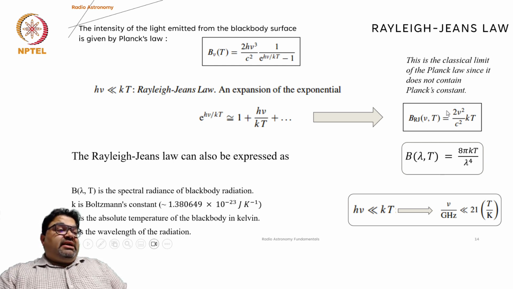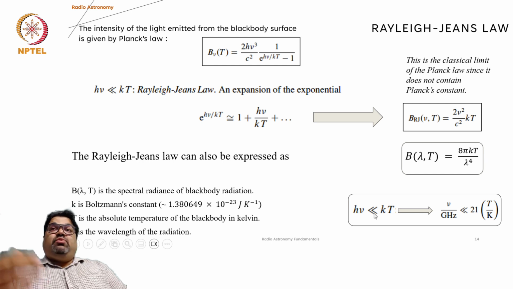Anyway, before we come to that, we show the other form of the Rayleigh-Jeans law in terms of lambda, which is 8 pi kT over lambda to the power 4, and how this translates into actual numbers. What is the limit?